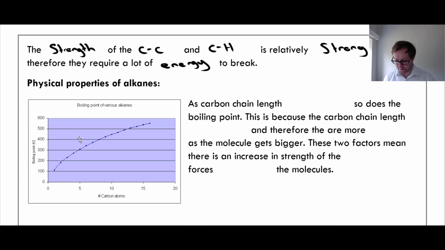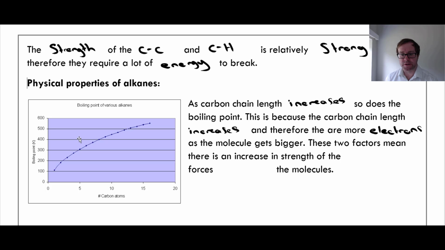Okay, so moving on. The physical properties of alkanes. As carbon chain length increases, so does the boiling point. This is because the carbon chain length increases and therefore there are more electrons as the molecule gets bigger.